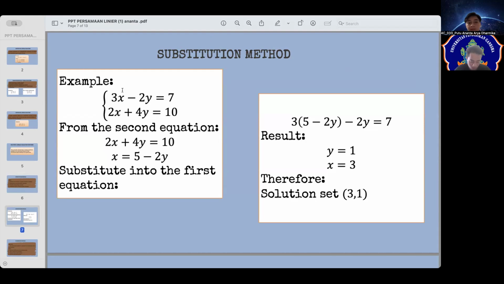Next is an example of the substitution method. The first equation is 3x minus 2y equals 7 and the second equation is 2x plus 4y equals 10.